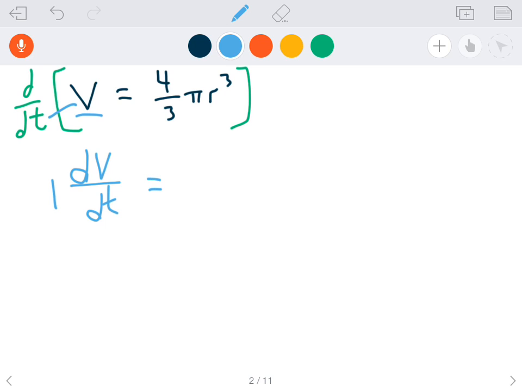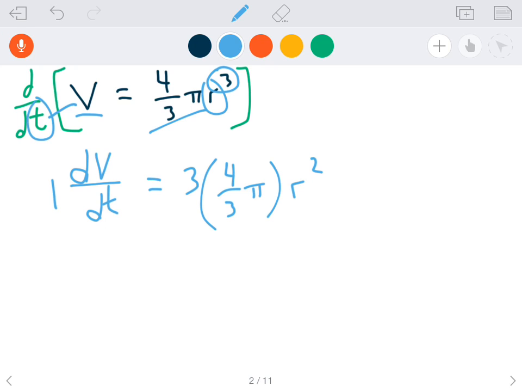Moving on to this side, 4/3 pi, that's just a constant, so I'm going to multiply that by 3. So I have 3 times 4/3 pi, subtract 1 from my exponent. And then once again, r does not match t, so I have to follow my chain rule, and that's dr dt.